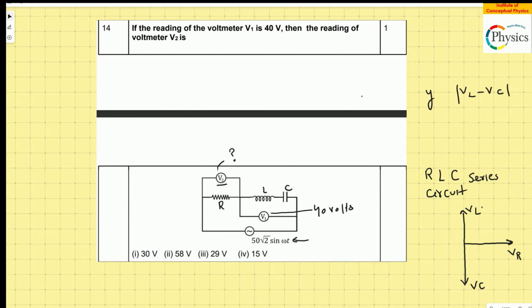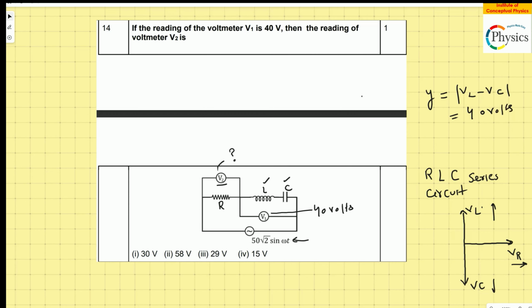This is plus y, this is minus y, and this is the x-axis. So the y-axis voltage is VL minus VC, and if you notice, V1 is across L and C, and L and C are on the y-axis. The y-axis voltage has been measured to be 40 volts.